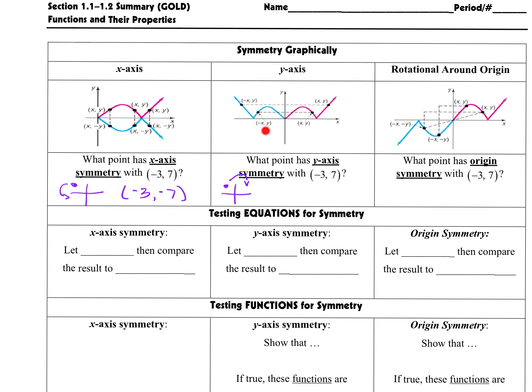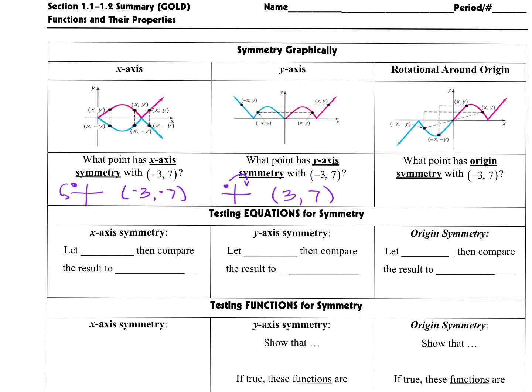Looking at our points up here, these 2 comparisons, we can see that the x-coordinate is what is changing sign this time, but the y-coordinate is staying the same. That's what we'll do for this ordered pair. The x-coordinate now is going to change sign to the positive sign, and the y-coordinate is going to stay the same.